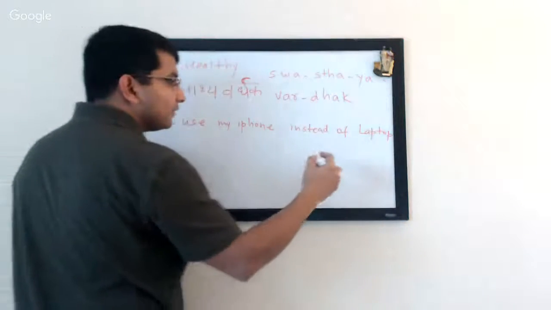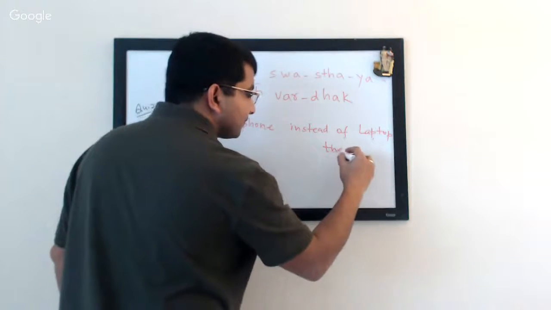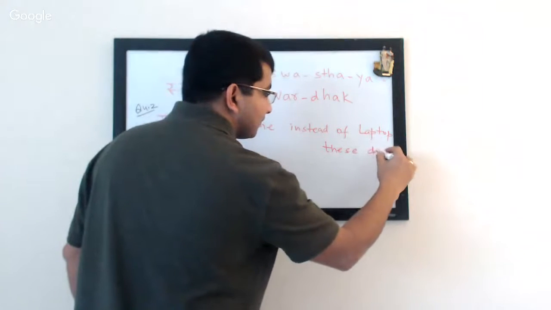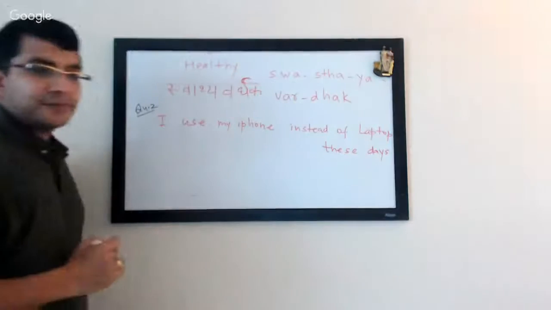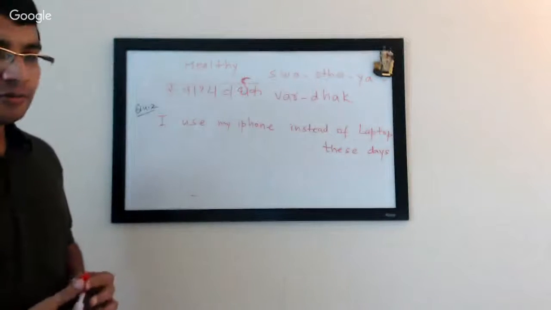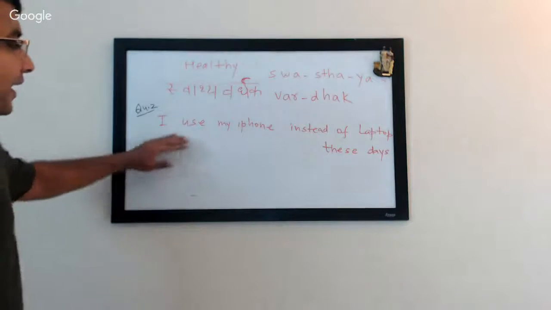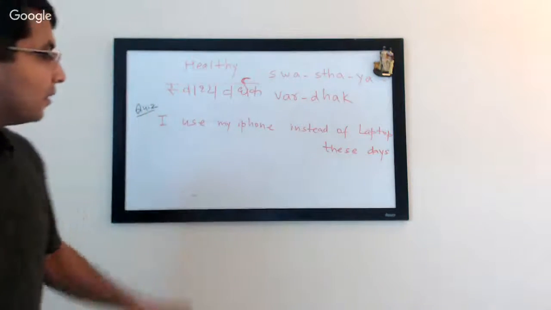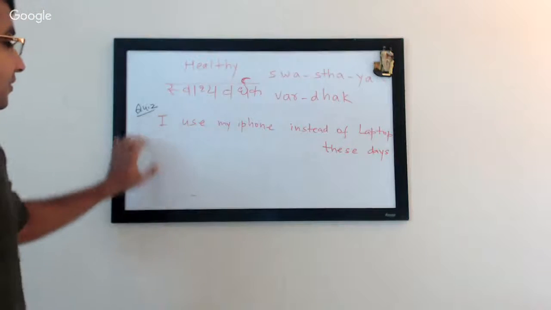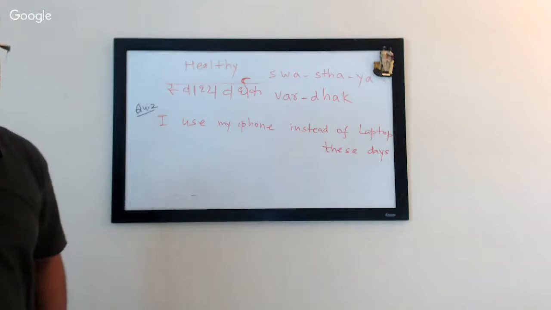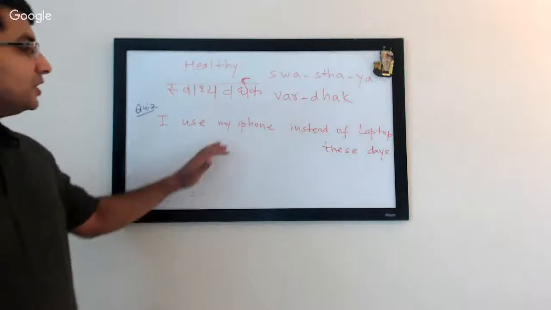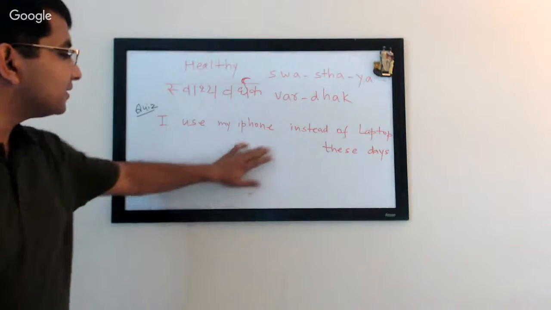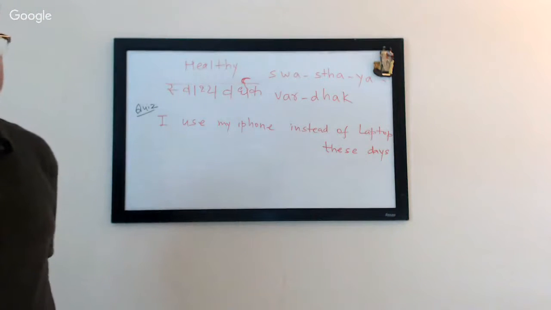Let's make it a little bit more difficult: I use my iPhone instead of laptops these days, or "these days" can come before "I" also. So take your time, think about it, how you will divide it, and then come up with a sentence.